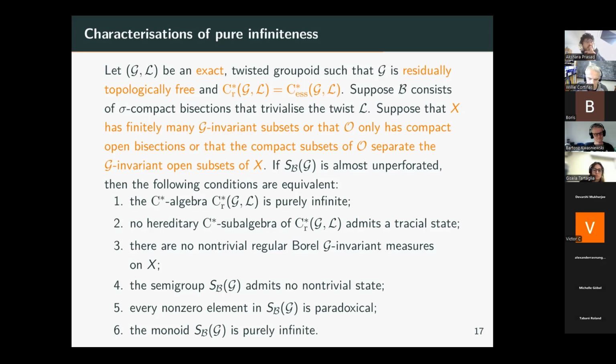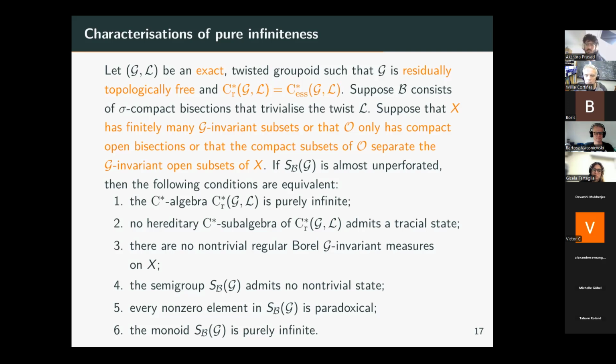If G was locally contracting, which would give a purely infinite C*-algebra, then this twisted product groupoid would still be locally contracting, giving a purely infinite C*-algebra. But if not, it's not true unless in a special setting.